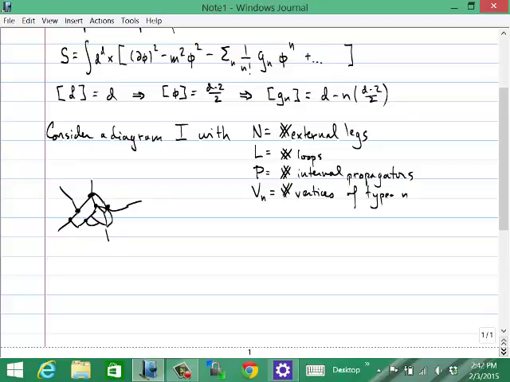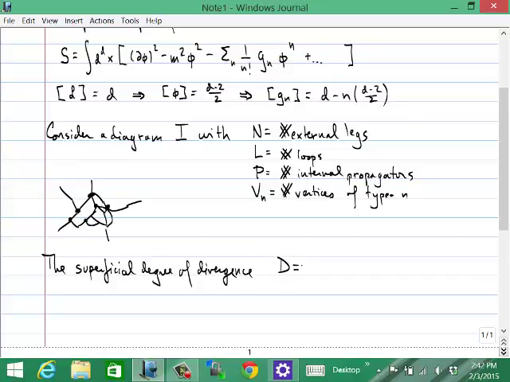Okay, so as before, we want to characterize this diagram by thinking about how divergent it is. And the superficial degree of divergence, that is to say, the number of powers of momentum in the numerator minus those in the denominator.